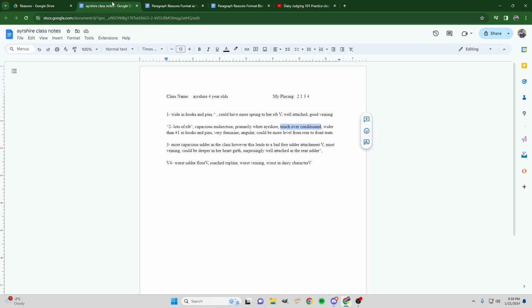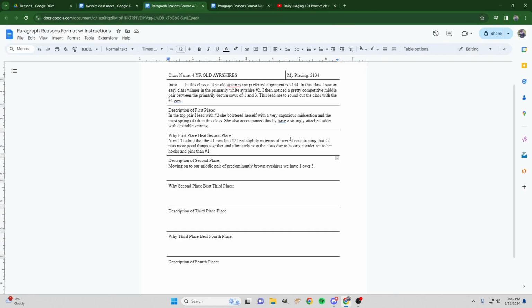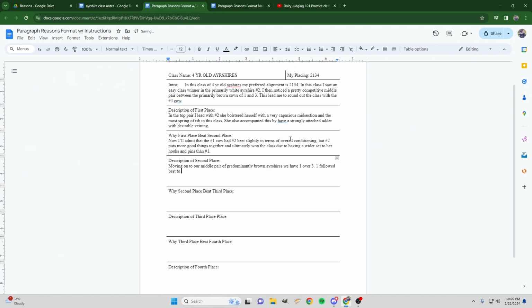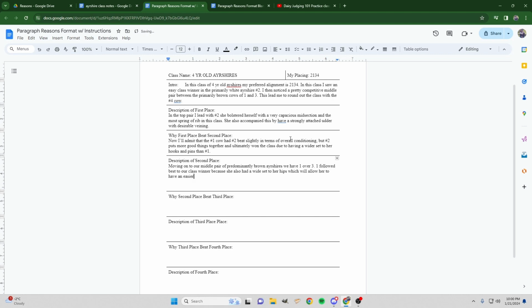And let's go back to our notes. 1/3. A good thing to always say is, 1 followed best to our class winner because she also had a wide set to her hips, which will allow her to have an easier time in the calving process.